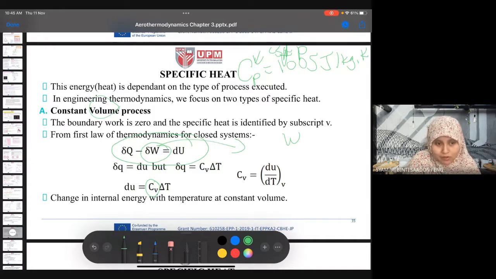This is part of the first law of thermodynamics, which is about energy balance. Remember that: first law of thermodynamics, energy balance. But we will see it again in the next chapter, chapter 4, 5.